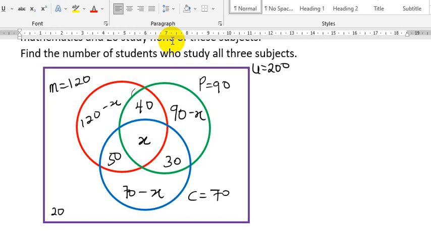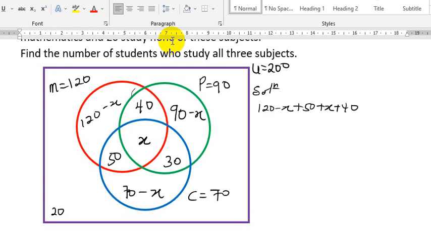Now we are about to add everything we see in the circles and equate it to 200. That is where our solving will start from. So let's pick the red circle first. The red circle has 120 minus x plus 50 plus x plus 40. That is everything in the red circle.